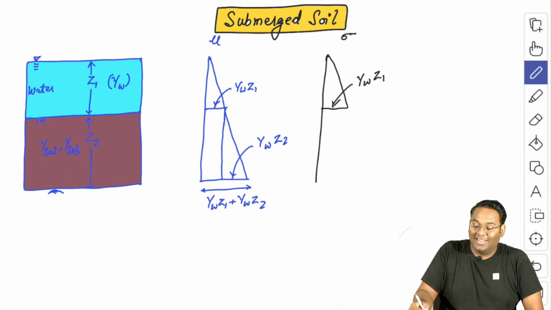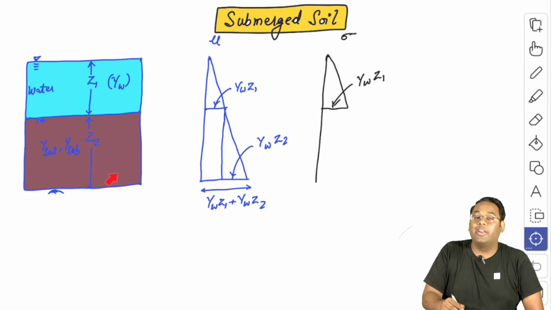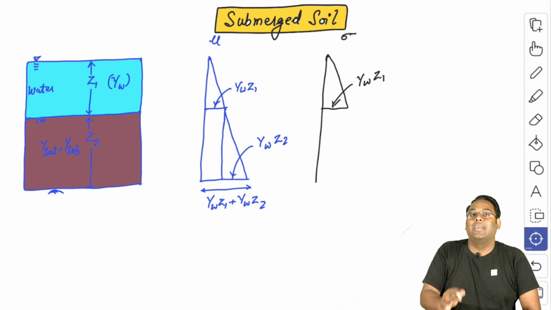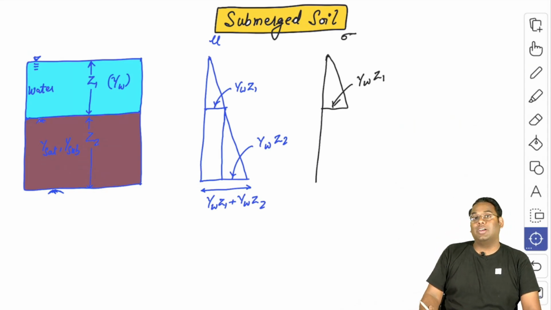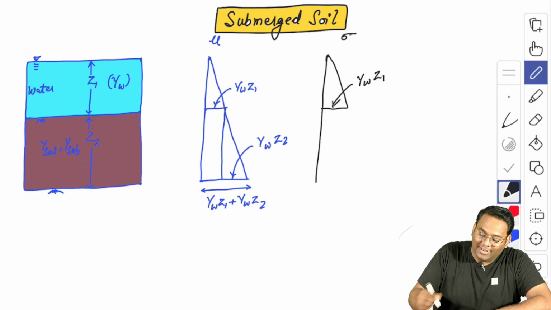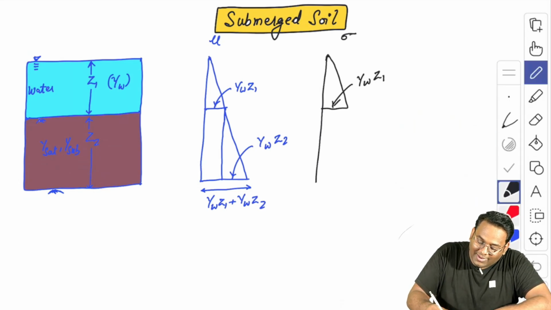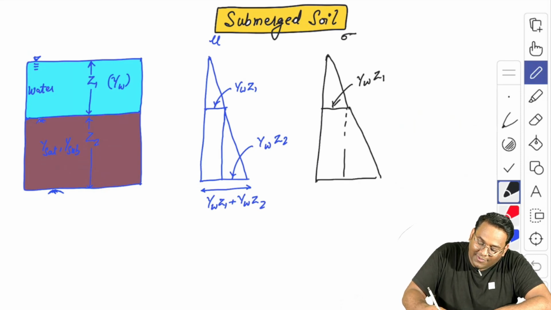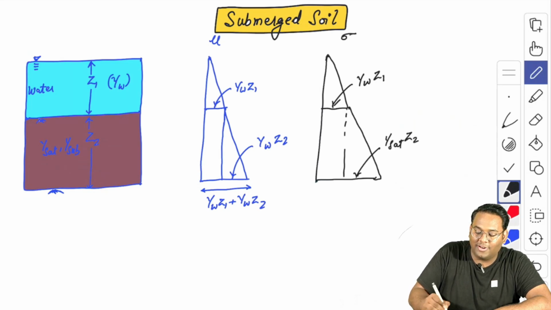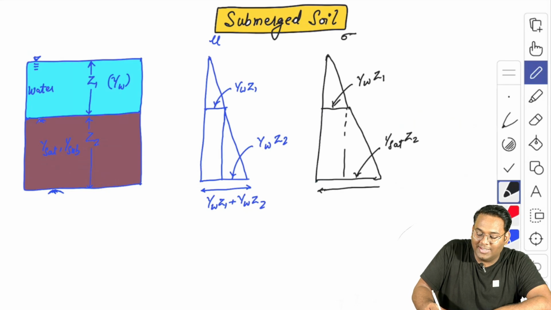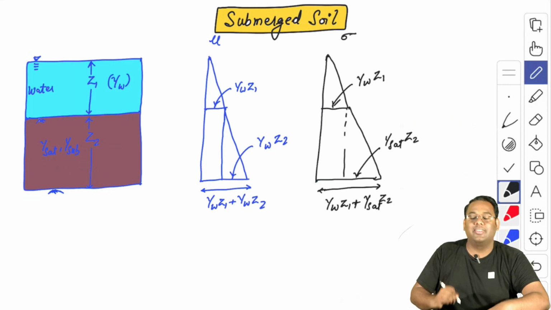But as all the voids of soil are filled with water, gamma saturated should be used to get the total weight of the soil. After this, the total stress will increase with the rate of gamma saturated for the depth of Z2. Hence at the bottom, the total stress will be gamma W into Z1 plus gamma saturated into Z2.